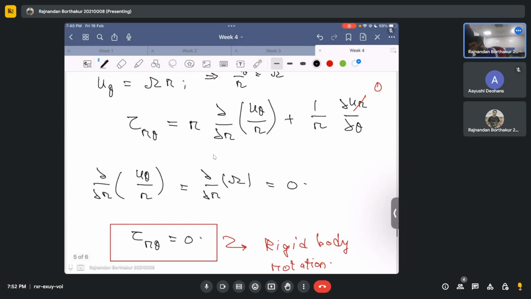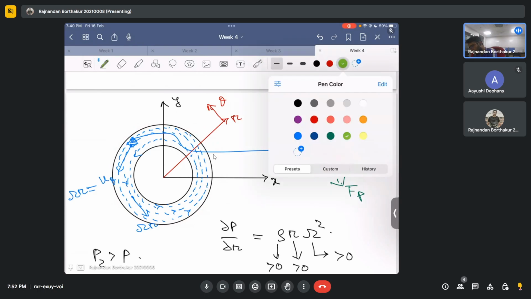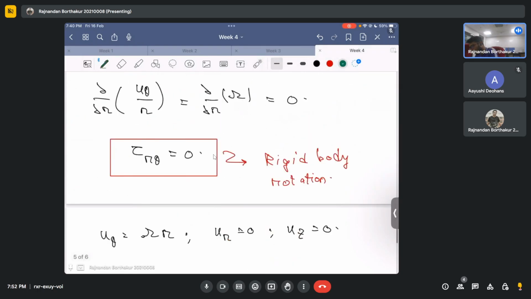So let's now try to draw the velocity field here. We drew the streamlines, but let's also try to visualize the velocity field.